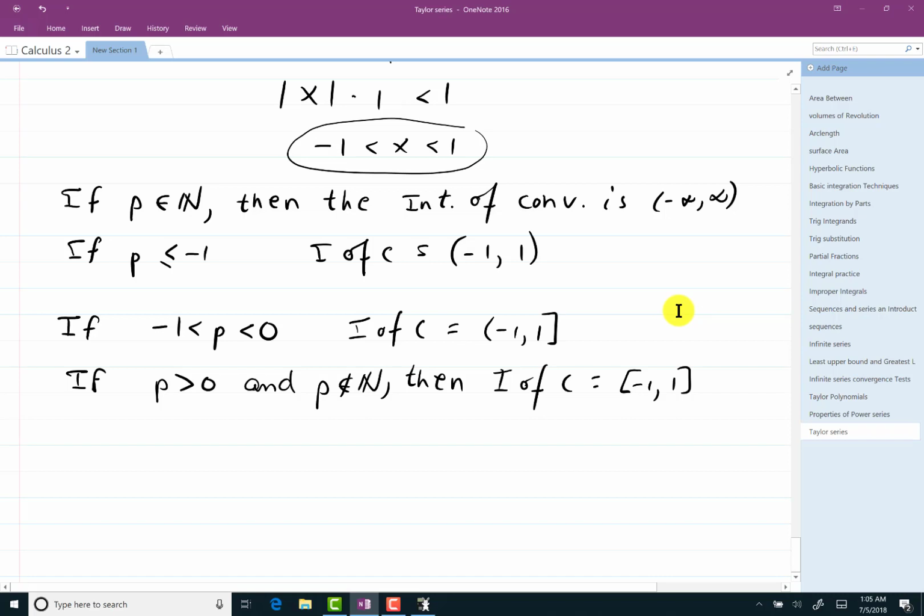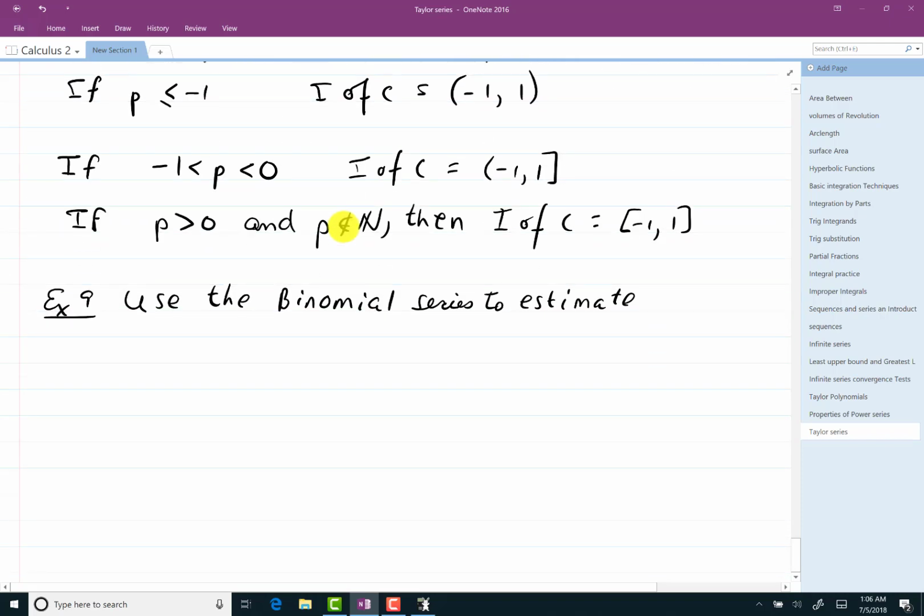Anyways, let's test how accurate this thing is, and let's use example 9. Let's use the binomial series to estimate the square root of 1.2.